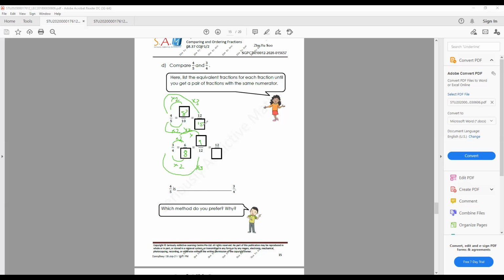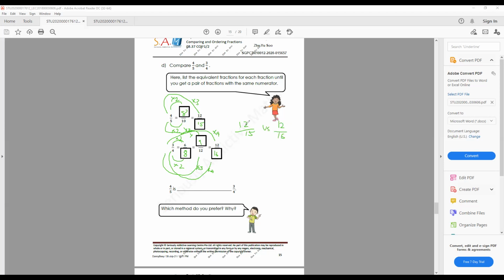It seems like we don't have a common denominator, but we may be able to get a common numerator, isn't it? Yes, we can. So 3 times 4 equals 12. And then we do the same thing with the denominator. 4 times 4 equals 16. So now we have 12 out of 15 and 12 out of 16.